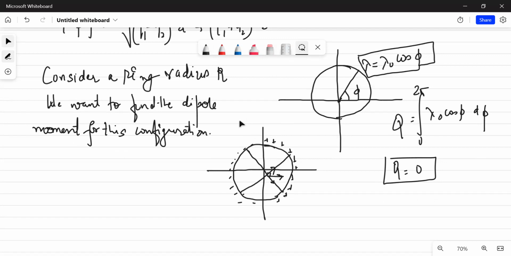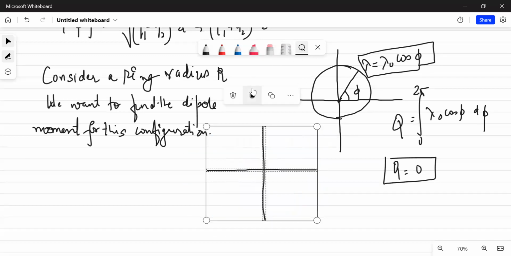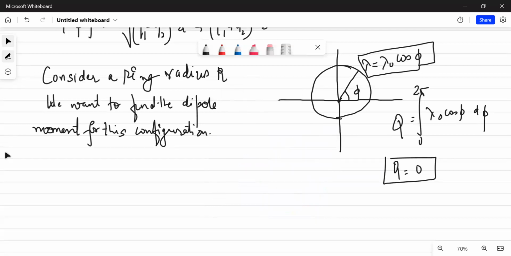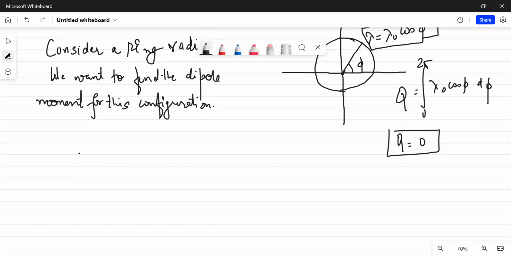Okay, now because you are not a standard 12th kind of child, I'll do it in a manner that I've already prescribed. I know what my dipole moment is. My dipole moment P vector is simply given by integral r vector dq. Now you'll say, what is that dq?